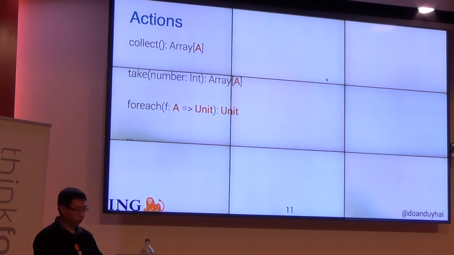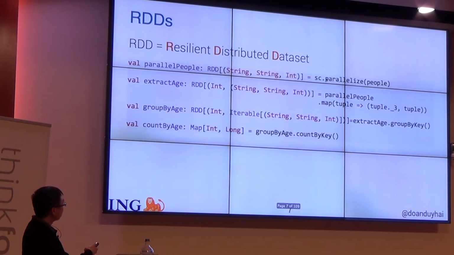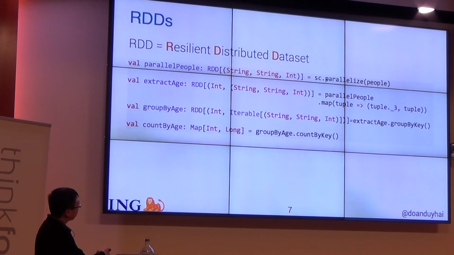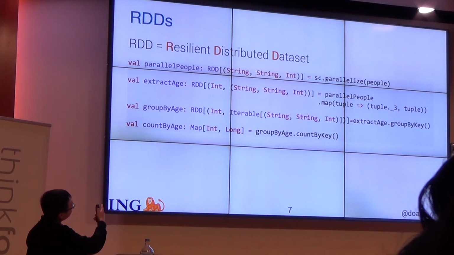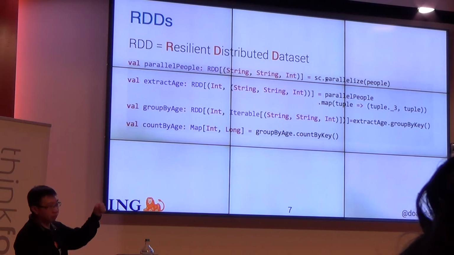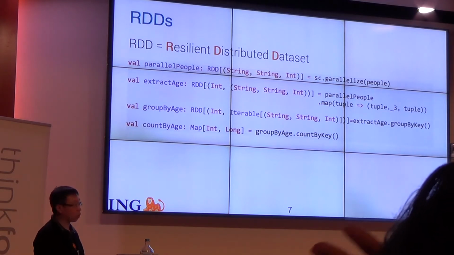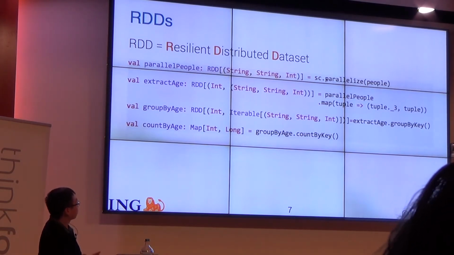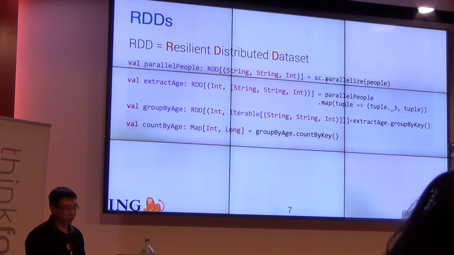When I call an action like collect or foreach, this will pull a chain of dependencies. So when I call count by key, the group by age will say, oh, where does my data come from? It comes from extract age, and so on. It will climb up the chain of dependencies and compute all the child RDDs.